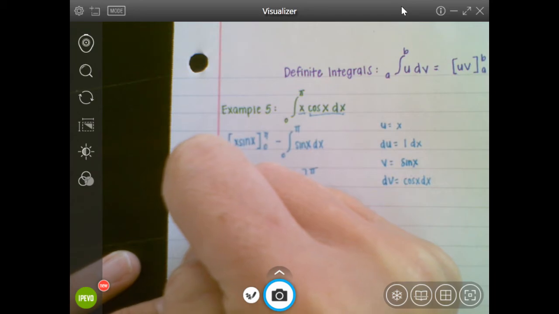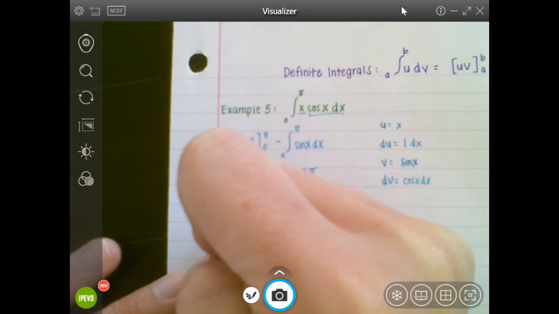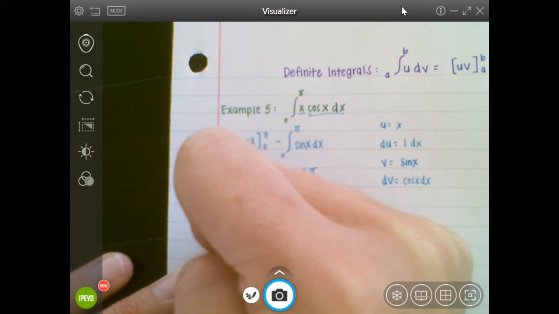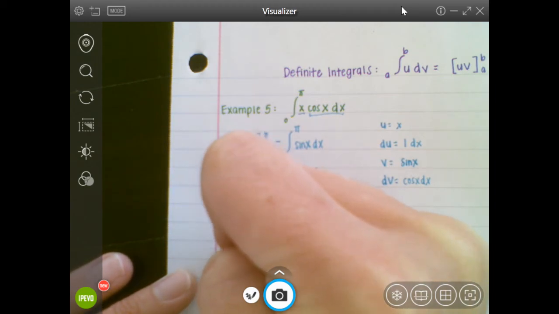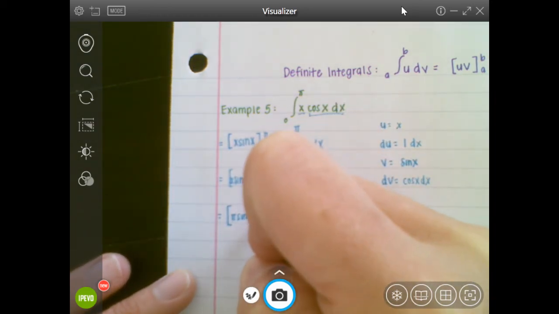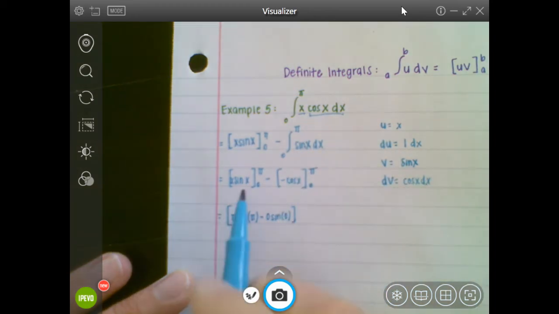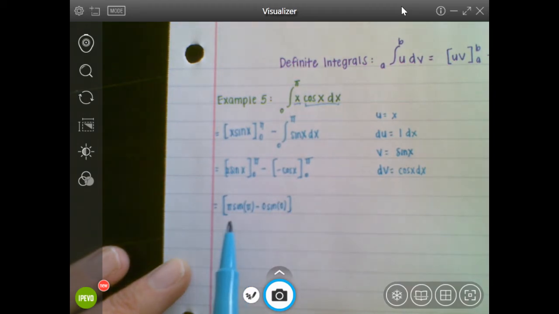So my FTC tells me to take pi times sine of pi, and I'm going to subtract out evaluating at 0, so 0 times sine of 0. That's this piece written out with the FTC: pi times sine of pi minus 0 times sine of 0.